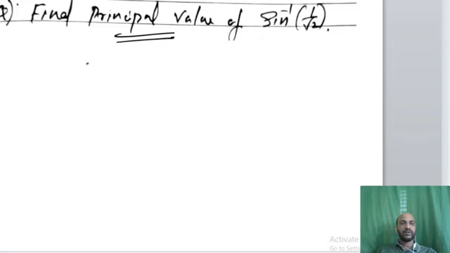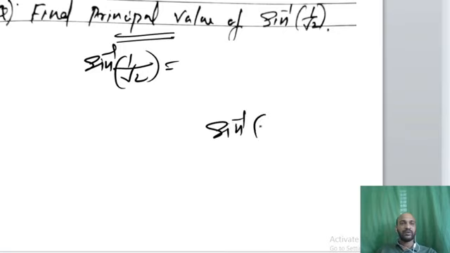Let us consider the question: sine inverse 1 by root 2. Actually, here you have to apply the properties that we already studied. Method one: you have to express 1 by root 2 in terms of sine. Then you can use the property sine inverse of sin x equals x if x belongs to the closed interval minus pi by 2 to pi by 2.